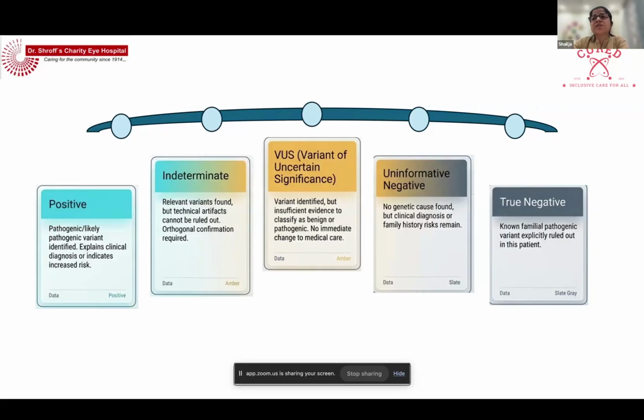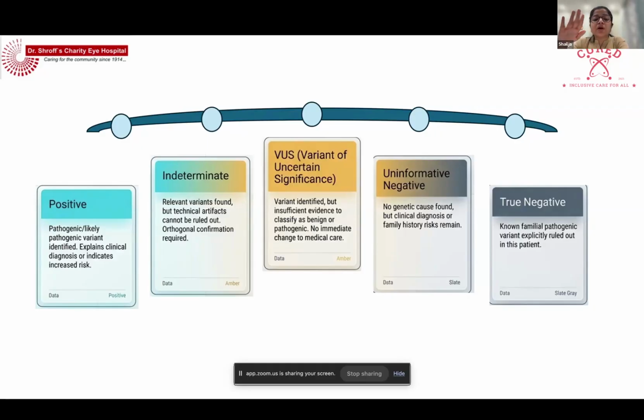For example, a test such as WES telling you about a copy number variant, but you really need to do an MLPA or a CMA to confirm that deletion or duplication. So this is an indeterminate variant. VUS, we all know: you get a hit, you get a variant, but you don't have sufficient evidence to say that it is pathogenic. It may be pathogenic, but you really don't have that evidence right now.